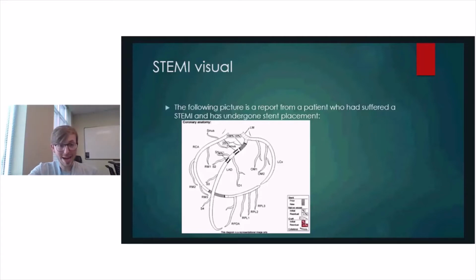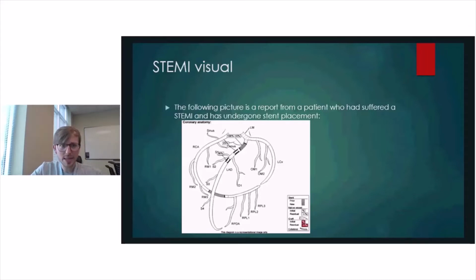And the one running right down the middle is the LAD, the widowmaker. This patient actually had a 100% blockage within their LAD, so they had to place a stent, and as you can see in that little box at the top, the blockage went from 100% to 0%. So that stent was successful, and hopefully this patient is still with us and is doing a lot better than they were before the stent was placed.